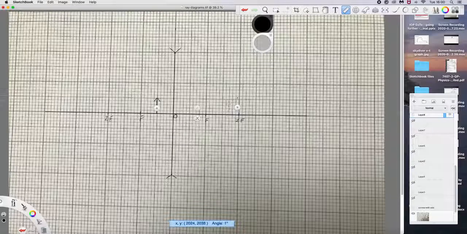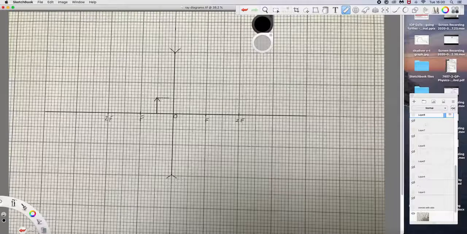With a converging lens, a ray which comes in parallel to the principal axis will converge through the focus.